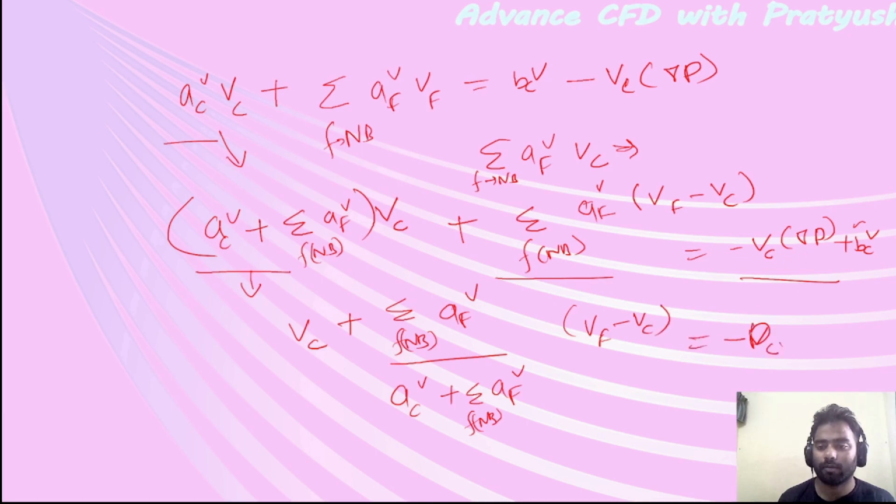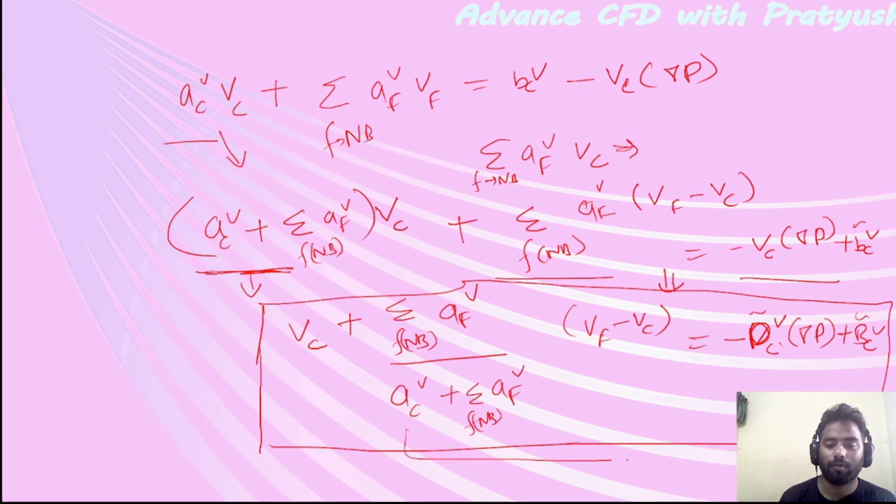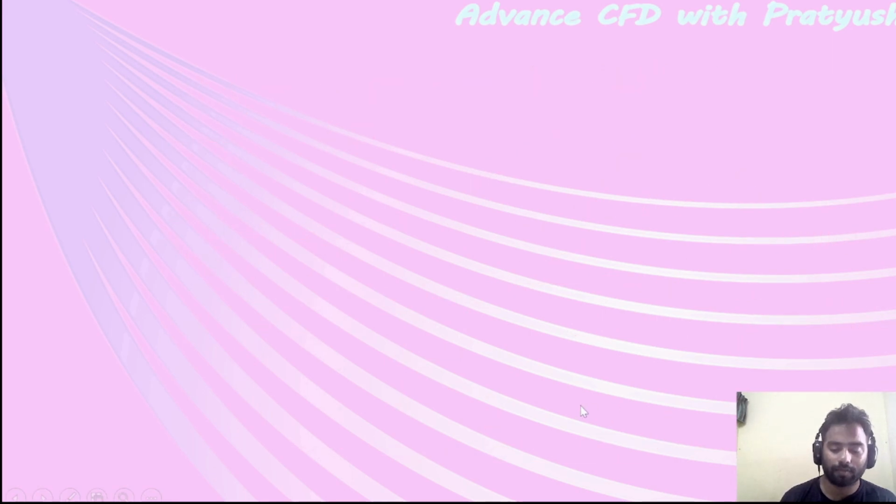Similarly here we can write DCV into del P. So these terms will be transformed into these equations after dividing by the coefficient of VC in all sections. Okay, so we have got these equations, and similar to earlier we can use the H operator here. So this equation can be written in the form of VC plus SC dash into V minus VC.